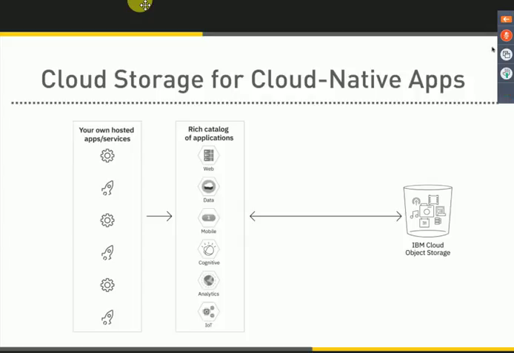So applications that are packaged in containers running on modern cloud infrastructure are called cloud-native applications. And these cloud-native applications are managed slightly differently. For example, orchestration managers and container management platforms like Kubernetes will manage the life cycle of these cloud-native applications.